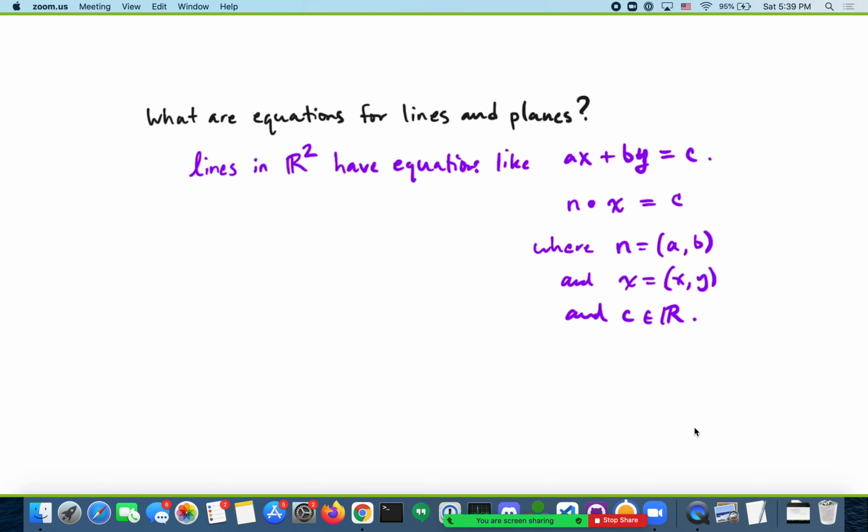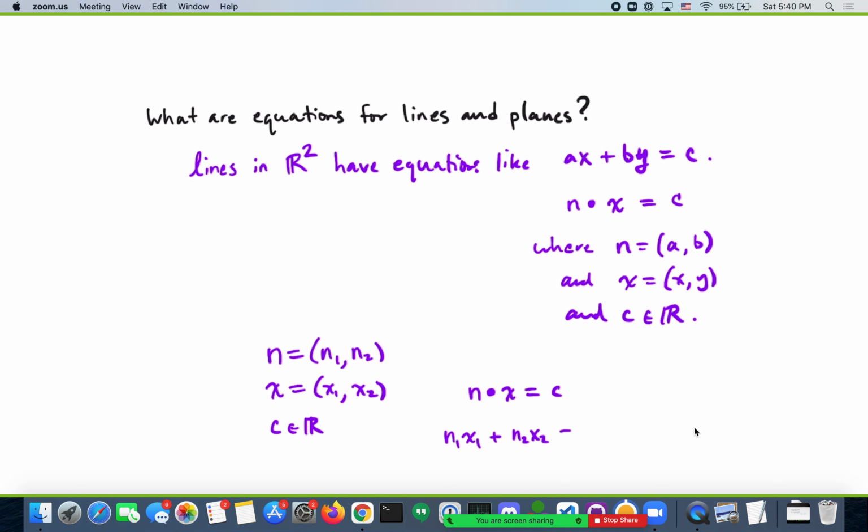Okay, so you could also just say if n is the vector (n1, n2), if x is (x1, x2), these are our variables, and c is in R, then we get the equation n dot x equals c, which really means n1 x1 plus n2 x2 equals c. So those are equations for lines.